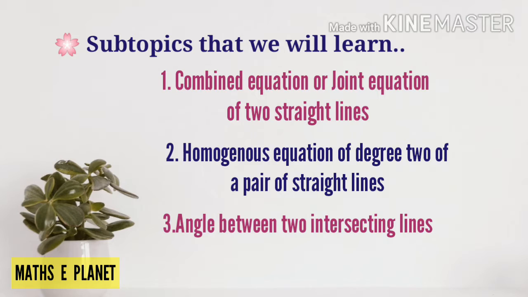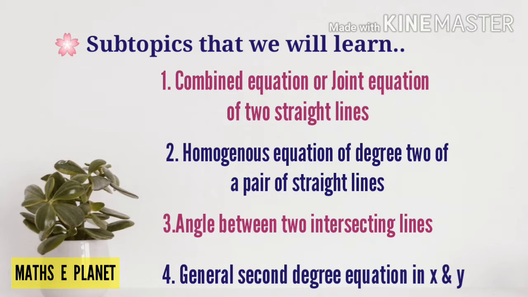If the lines are intersecting, then we can find the acute angle between these two lines, and that angle we will find by using a formula. Then we will discuss general second degree equation in x and y. So these are the 4 main points which we are going to discuss and study.